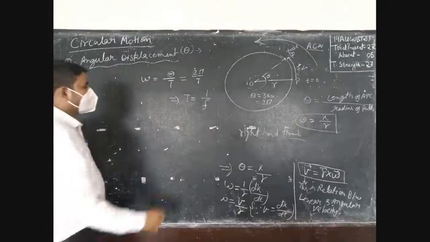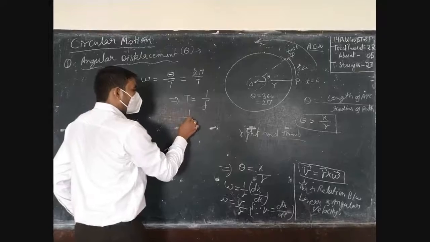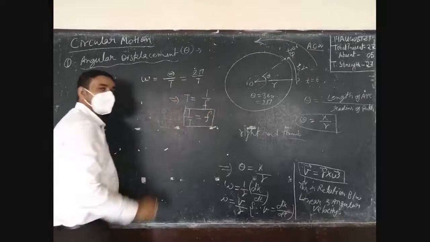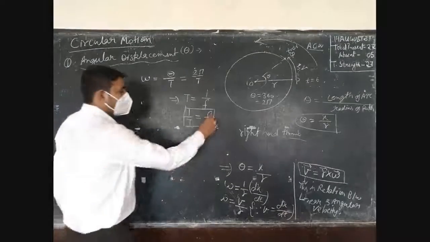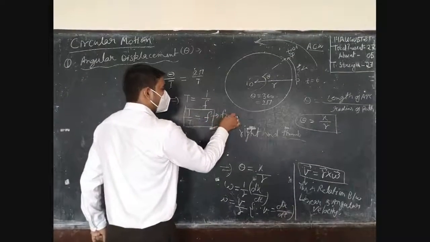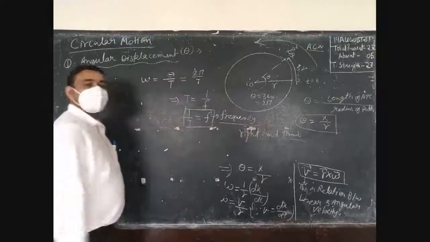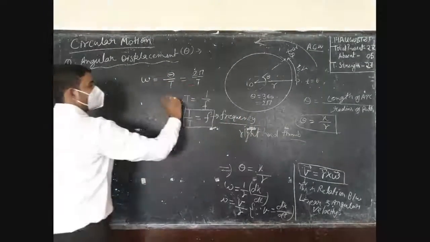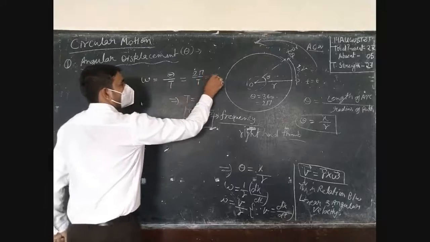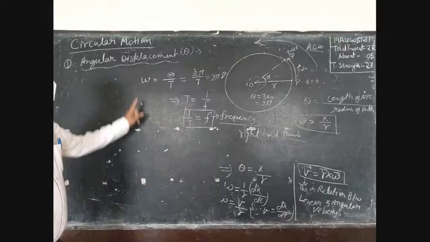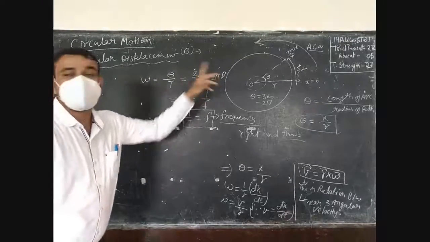So you can use here 1 upon t is equal to f, where we use f for the frequency. Now by using this relation, we get omega is equal to 2 pi nu.